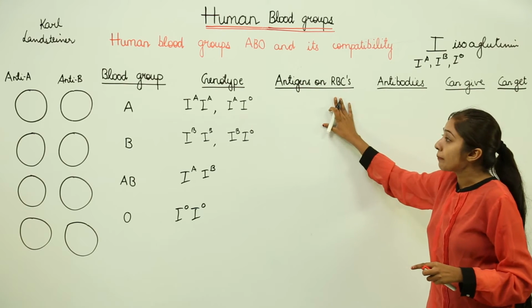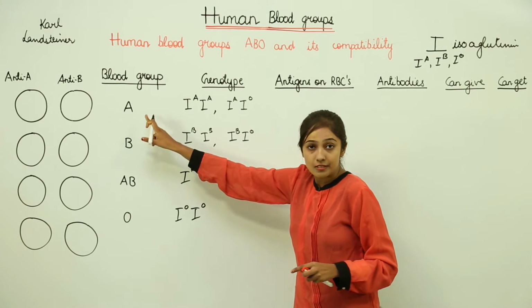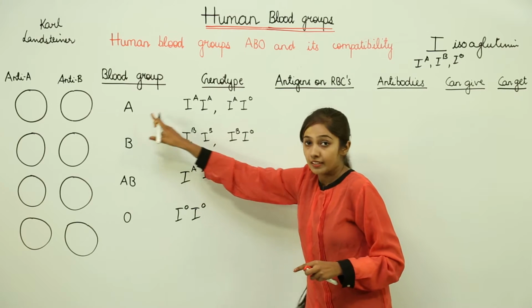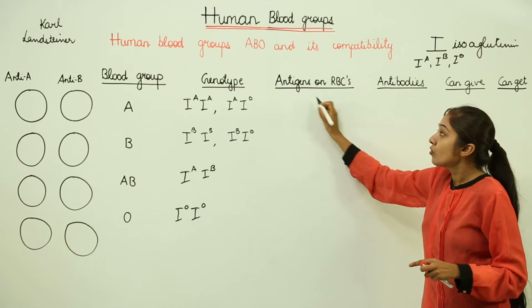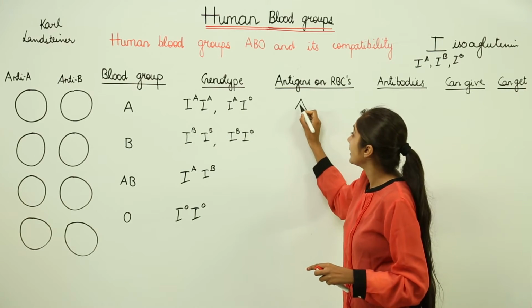So what is going to happen? The organism who has blood group A is going to have which antigen? A antigen.